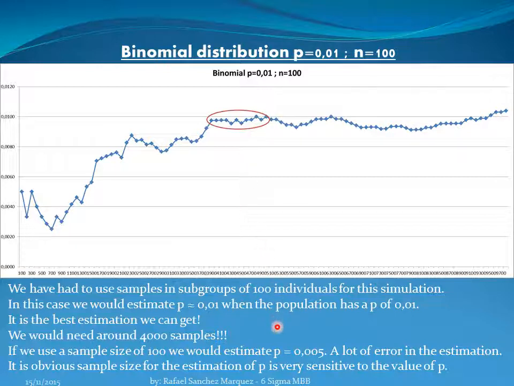Because, as you can see here, the graphical method would tell us to stop around 4,000 samples, 4,000 units. So it is obvious that in this case, using the practical rule will give us a very bad estimation of 0.005. So in this case, the graphical method would save us, let's say.